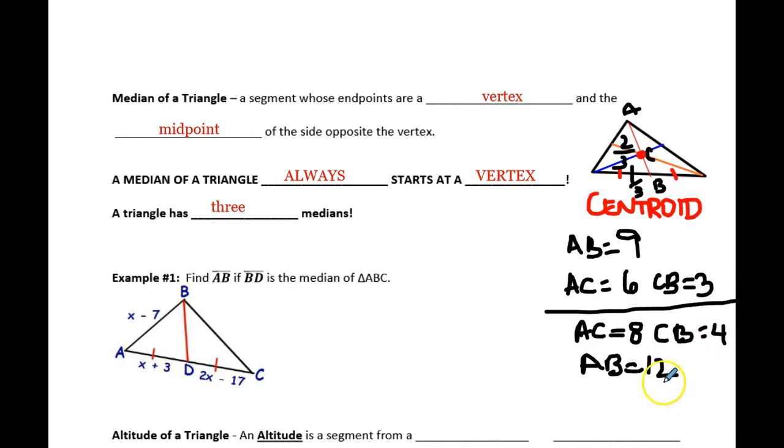I like to think of it as, if you take your whole median and divide it by 3, the smaller portion is the median divided by 3, and then if you double that, you'll get your bigger portion.